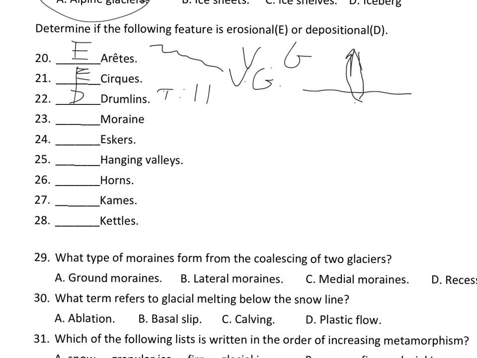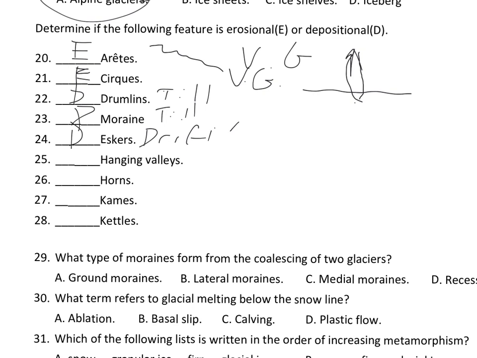Till deposit, good to go. Moraine, again, also made of till, but those are going to be the long ridges of till deposit, again, directly from the ice. Till, again, unsorted, unstratified glacial deposit. All right, eskers are going to be deposits, but this time they're going to be of drift.